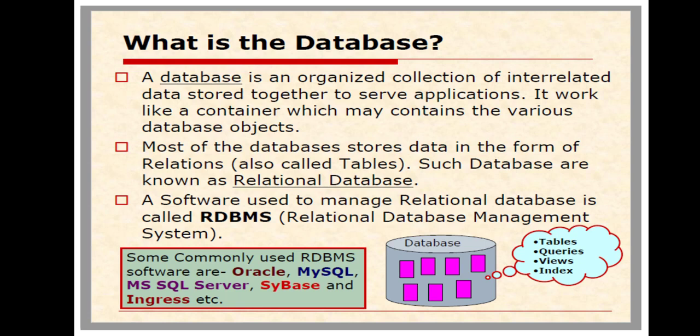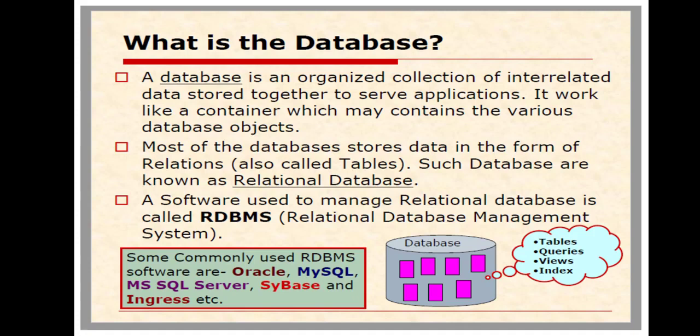Now let us move on to the third point. A software used to manage relational database is called RDBMS. RDBMS is nothing but relational database management system. RDBMS is a software. Now below you can see some of the softwares that are available.